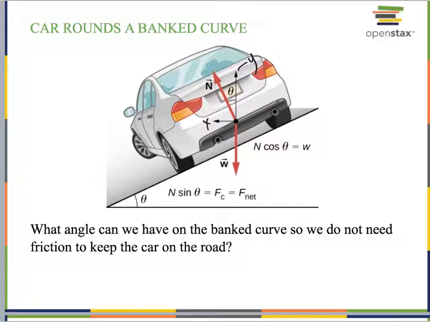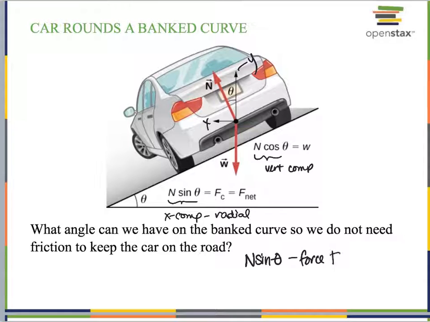N times the cosine of theta is the vertical component of the normal, and n times the sine of theta is going to be the x component, which is also really the radial direction as well. And so basically what's happening in this case is that the n sine theta is going to provide the force that acts as the centripetal force.